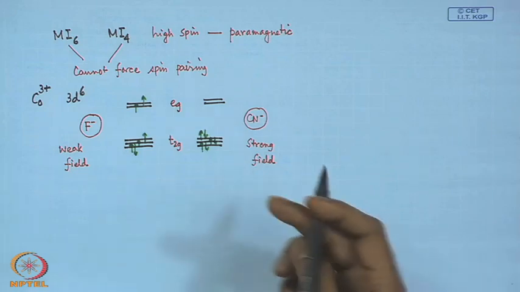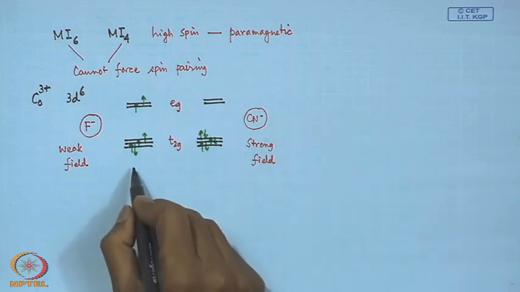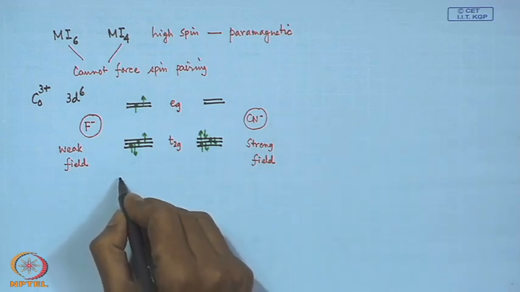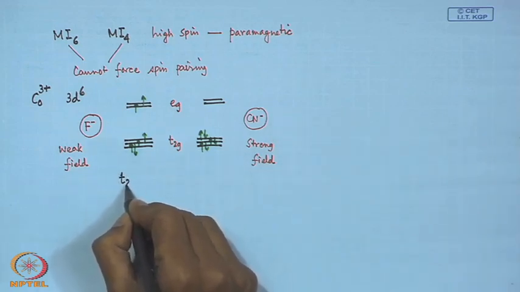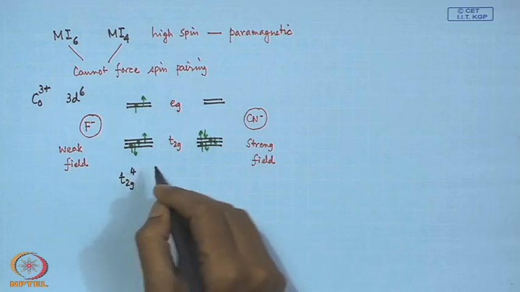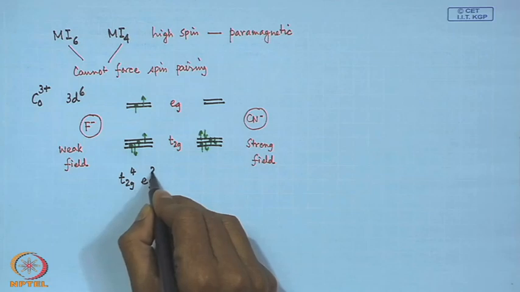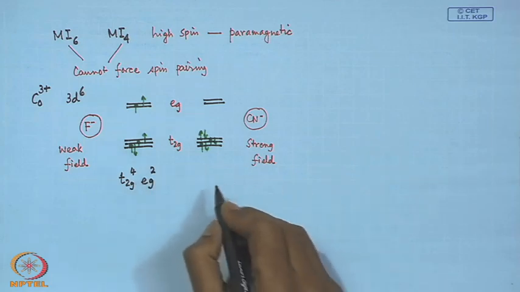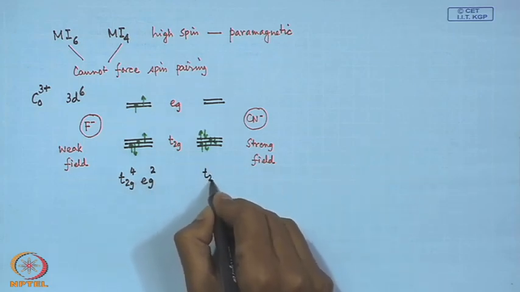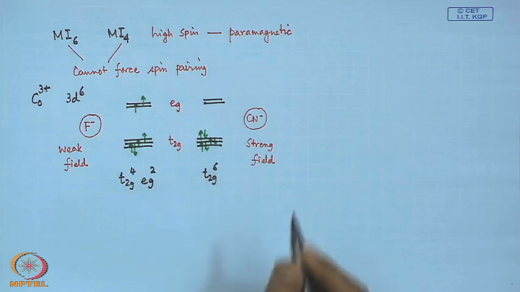In this particular situation, this one we can write as t2g4 eg2, and this is t2g6.